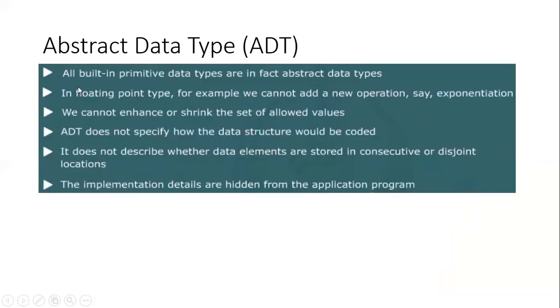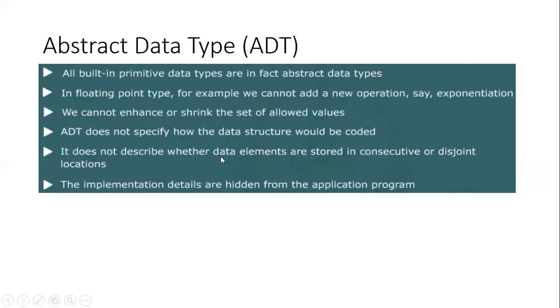All built-in primitive data types are in fact abstract data types. In floating point, for example, we cannot add a new operation, say exponentiation. We cannot enhance or shrink the set of allowed values. Abstract data types specify how the data structure would be coded.